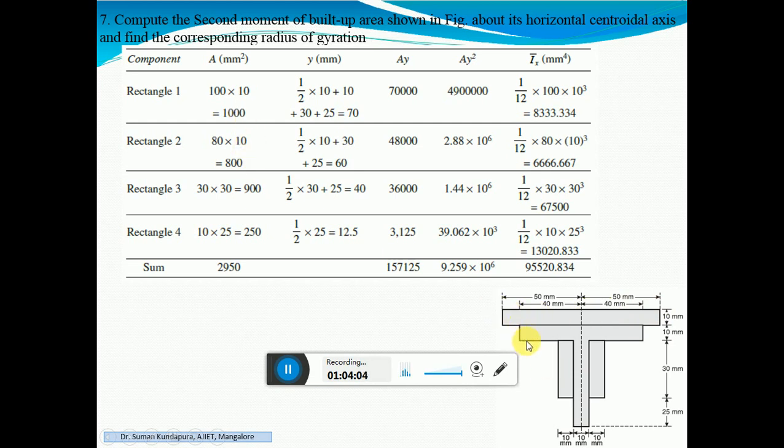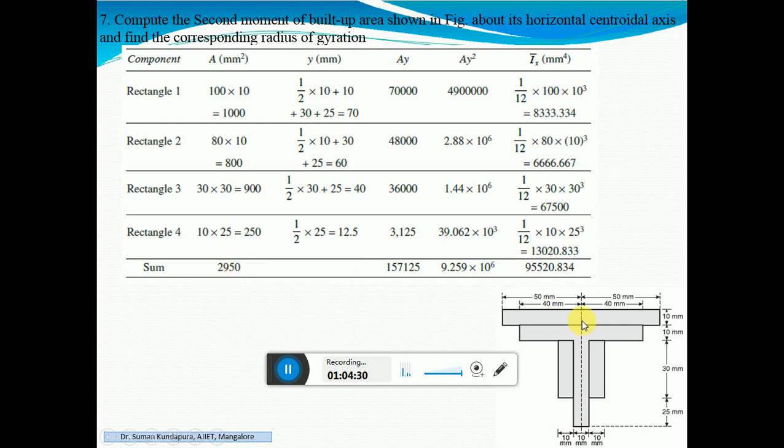Second rectangle is given as 40 plus 40, 80 into 10, 800. Third rectangle is 30 into 10 plus 10 plus 10, 30. 30 into 30, 900. Fourth rectangle is 25 into 10, that is 250. Summation of all the areas, you will get 2950.